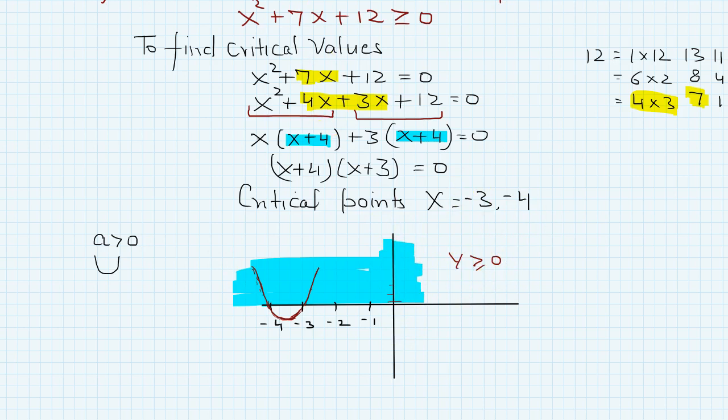So our solution will be all this. So the solution is x is less than or equal to minus 4 and x is greater than or equal to minus 3.